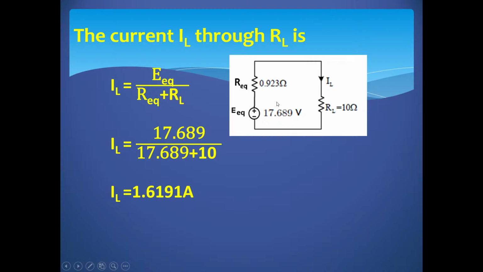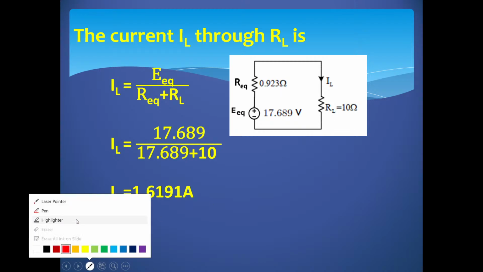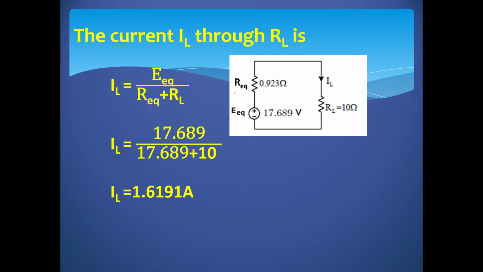IL is equal to what? Total voltage. In this circuit, it's a single loop circuit, you can see. So total voltage in this equivalent circuit is E equivalent, divided by total resistance. R equivalent and RL are connected in series in this circuit. So IL is E equivalent by R equivalent plus RL.